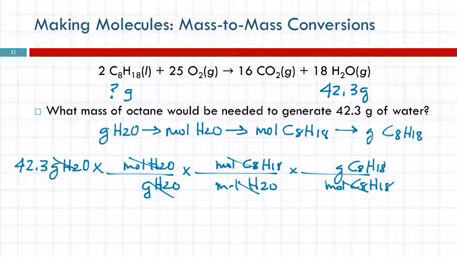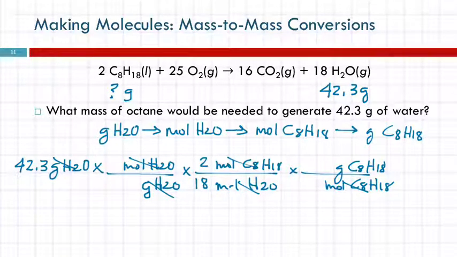Okay, so the middle one is my favorite because it's the easiest. So in front of octane is the number 2, so I'm going to put 2 here. And in front of water is an 18, so I'll put an 18 there. These coefficients only are used in the mole ratio, mole to mole ratio.